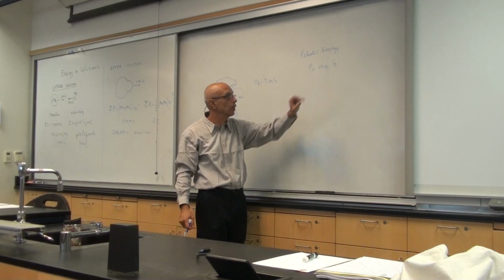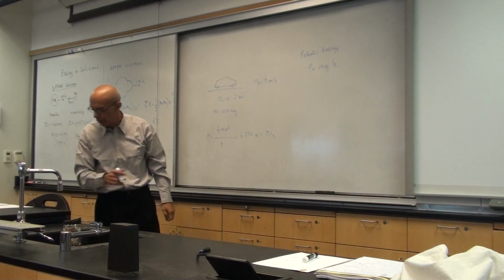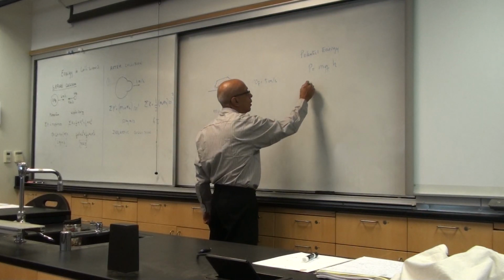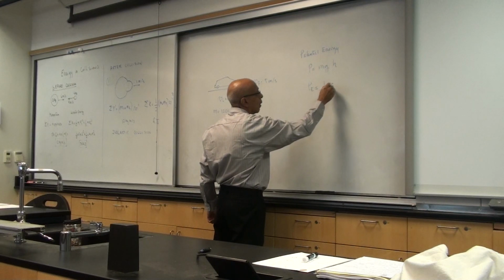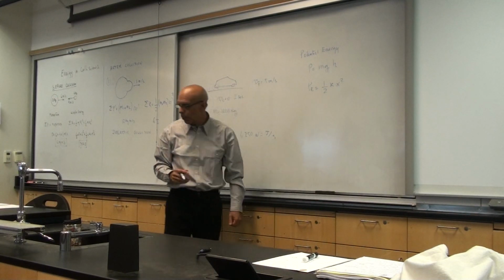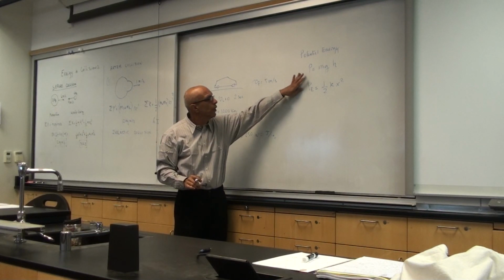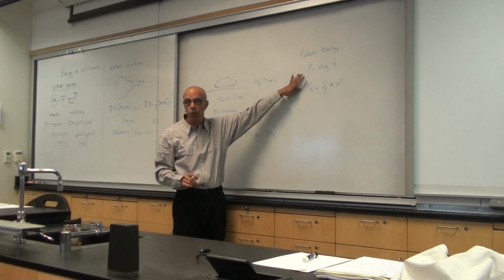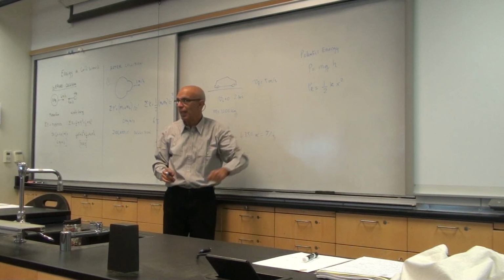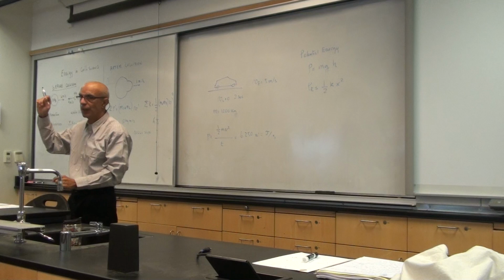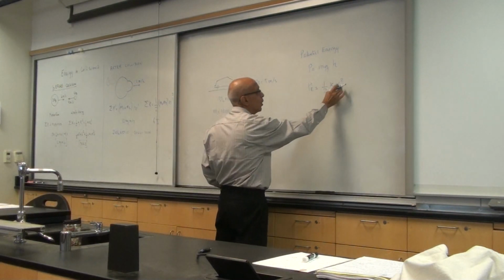So this is potential energy. Another kind of potential energy is the elastic potential energy of a spring. What is similar between these two forms of potential energy is that they depend on the distance, okay? They depend on the position.